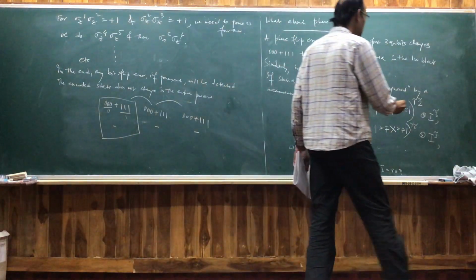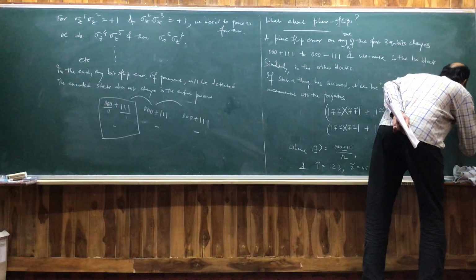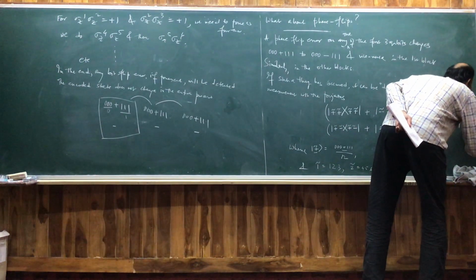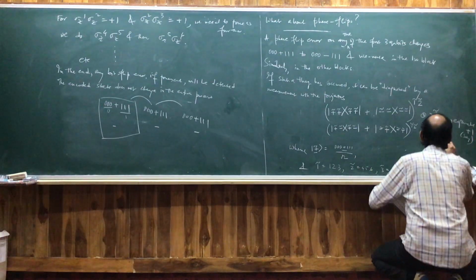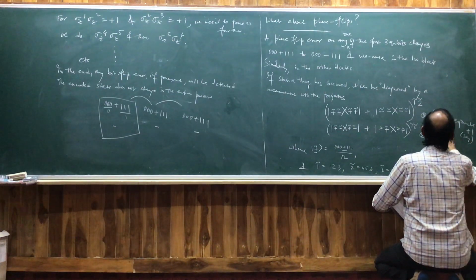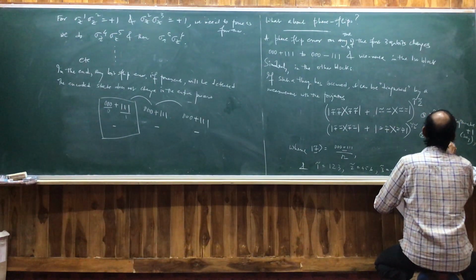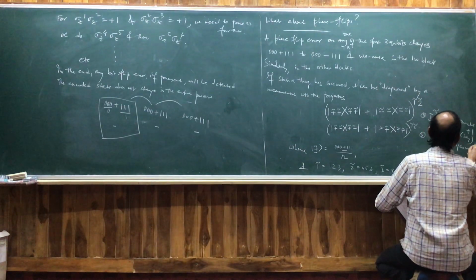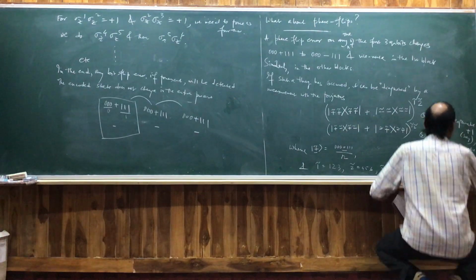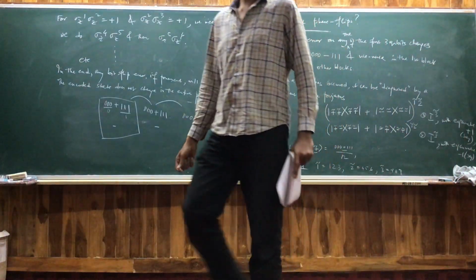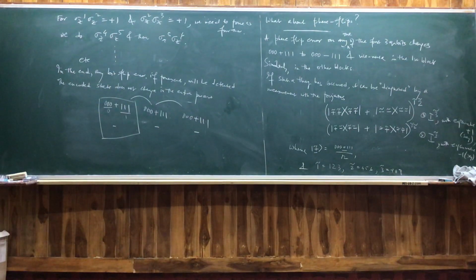So if you want, you can consider this as eigenvalue plus 1, and this you can assume as eigenvalue minus 1. As you know, the eigenvalues are not physically important. It's a bookkeeping strategy. It's the projectors that are physically relevant. You can give it +5 and -5, it doesn't matter, or roses and lotuses.